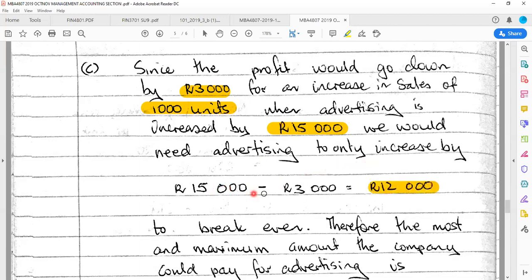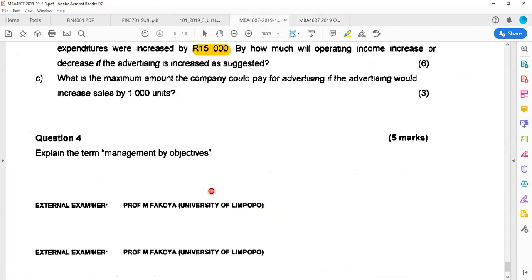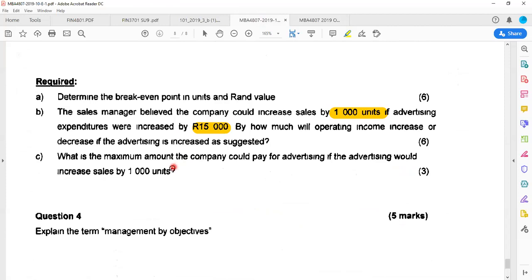We would need to reduce advertising by 3,000 to help us cover that loss. So the maximum advertising can increase to is 12,000 to break even. Therefore, the maximum amount the company could pay for advertising is 12,000. Those are important questions and they come up a lot: cost, volume, profit analysis.